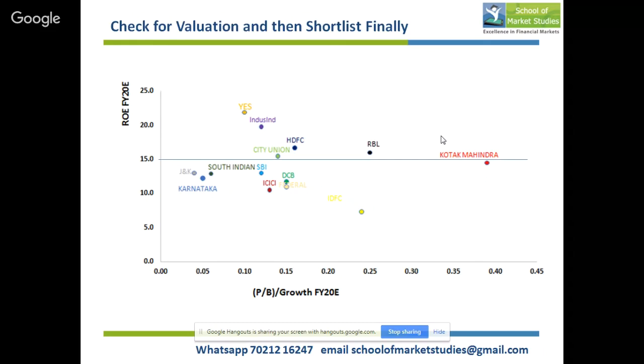So IndusInd Bank, over the last 10 years, has performed in line with the guidance they have given. They have not missed guidance even once. So they really know what they are doing. They have their act together, and they are on an acquisition spree.